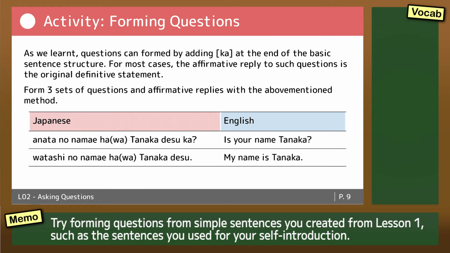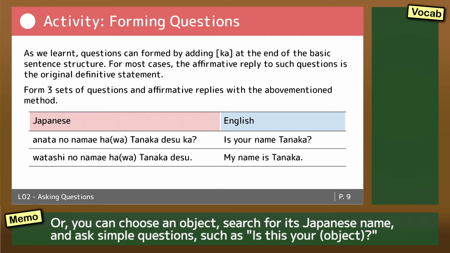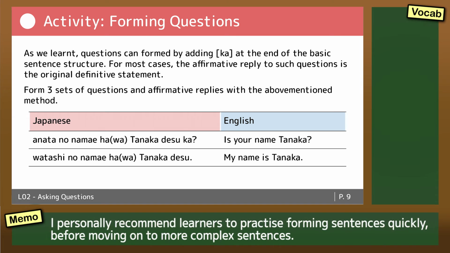If you run out of ideas, you can use sentences you have created from activities in lesson 1. For example, you can use the sentences you created for your self-introduction, like, are you a student? Or you can pick up an object and ask, is this your pen? My suggestion is to start with simple sentences first and eventually pick up the pace at forming questions before moving on to more complicated sentences and questions.